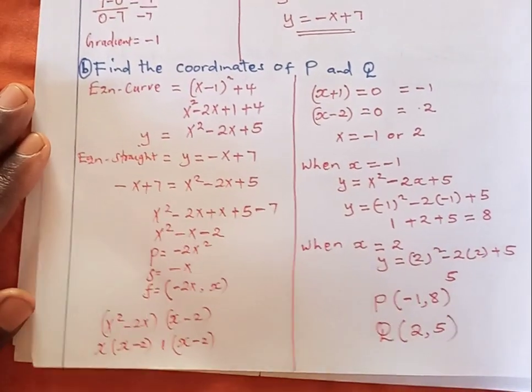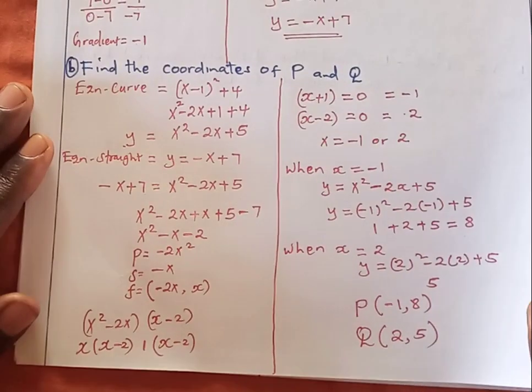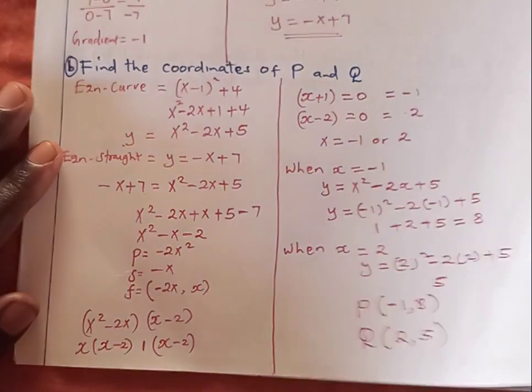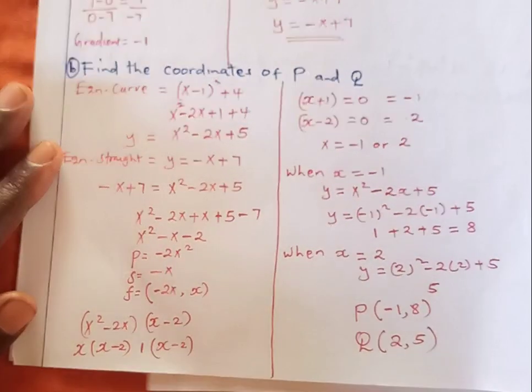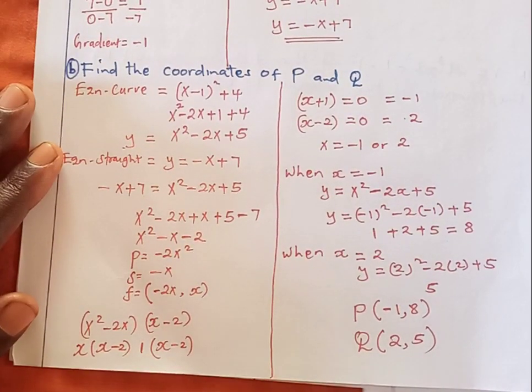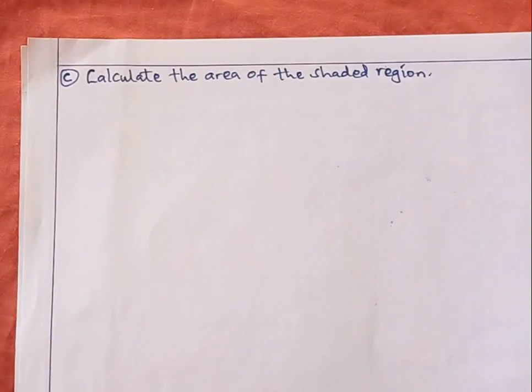Now let us proceed to another interesting part that says we need to work out the area of the shaded region. The question reads, we are supposed to calculate the area of the shaded region.